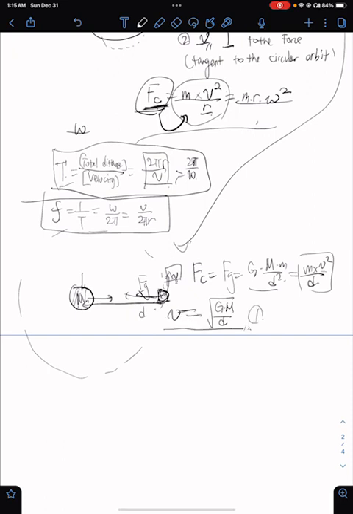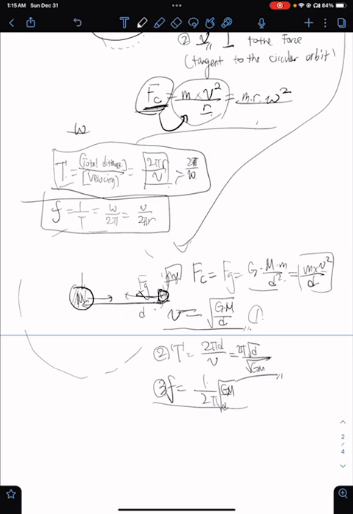We want to find the period of the orbit, how long it takes for this thing to spin around once. The period is 2 pi d over v, which is 2 pi times square root of d over square root of GM. And now for the frequency, we just need to take the reciprocal, which becomes this. Okay?